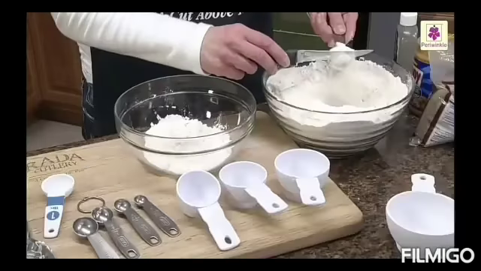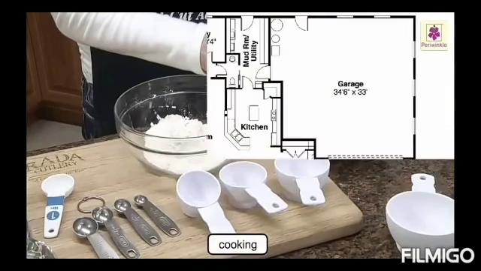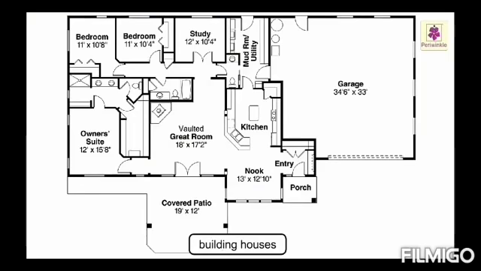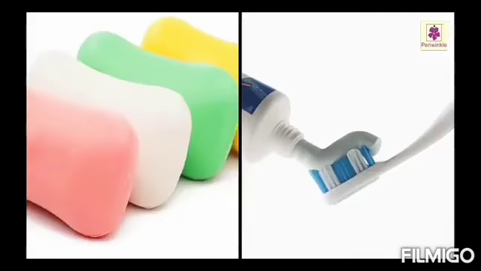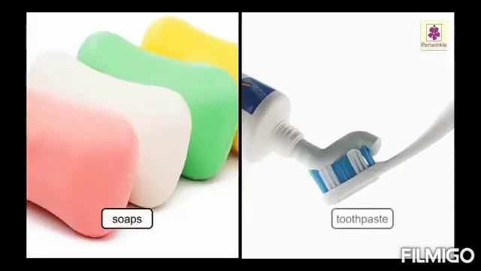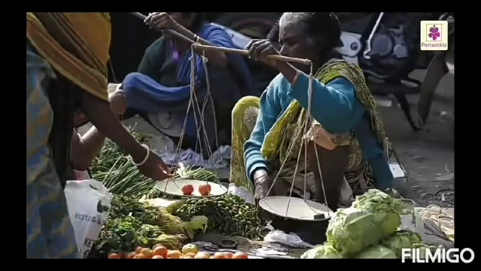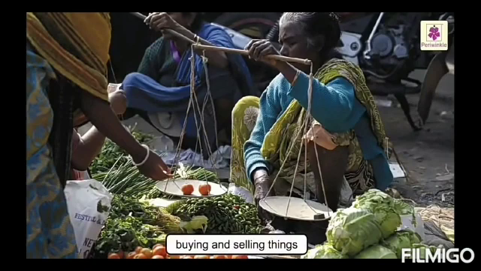Whether it is cooking, or building houses and bridges, whether it is used in soap and toothpaste, or in buying and selling things in the market, measurement is extremely important.